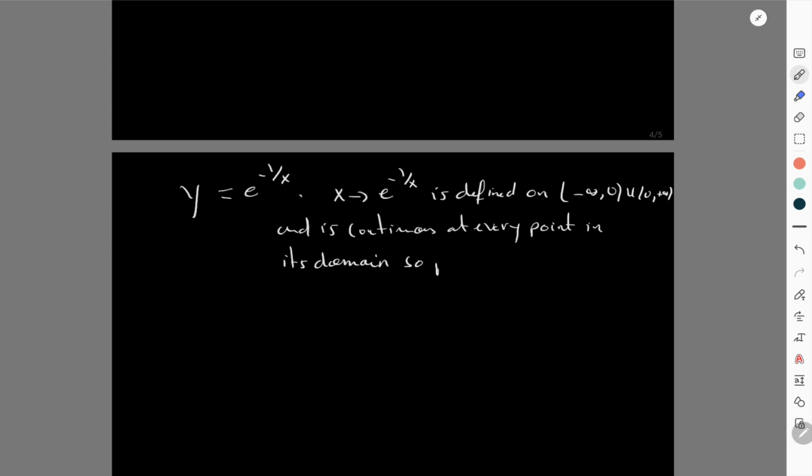So the possible vertical asymptote is only the vertical line x equals 0. Now, the reason I picked this example is the following.